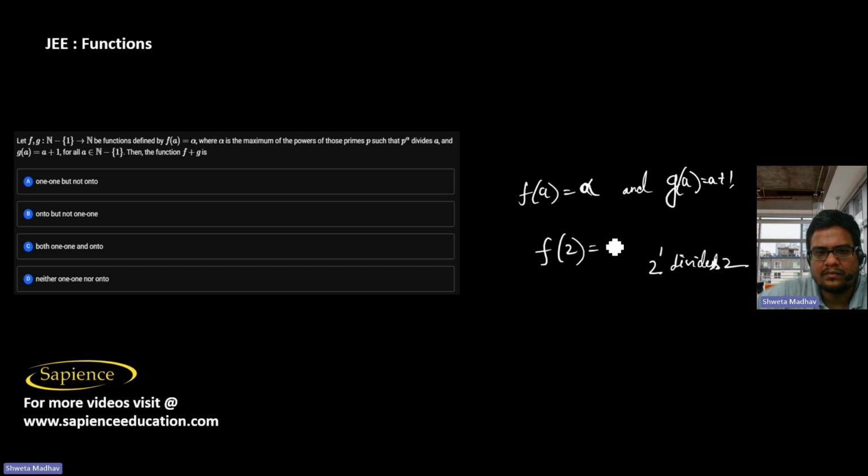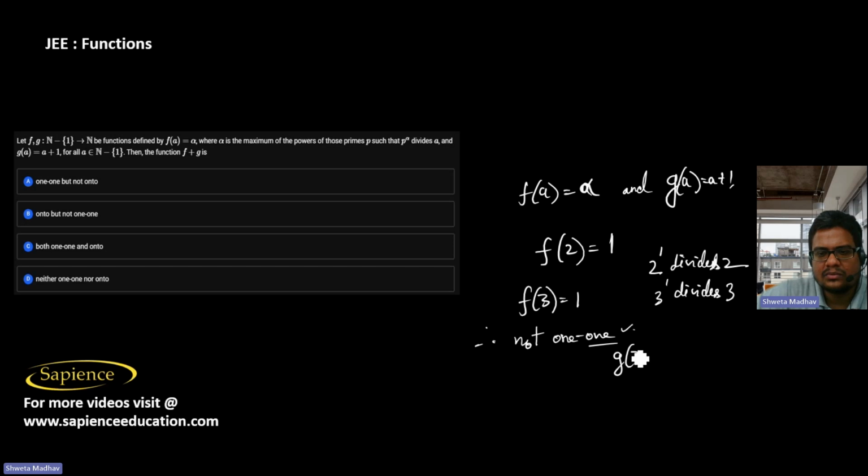So therefore here alpha is 1, so f of 2 is 1. Similarly f of 3 will also be equal to 1, since 3 power 1 divides 3. So f of 2 is also 1, f of 3 is also 1. So therefore f is not 1-1.